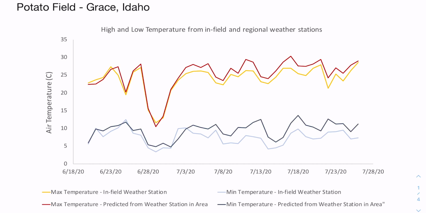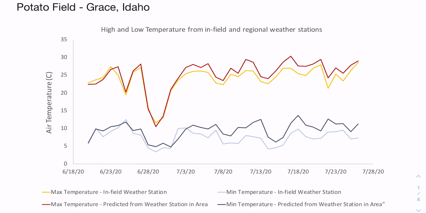So here are data from a potato field in Grace, Idaho. And what I've done here is graphed a couple of things. Over here on the y-axis, we have air temperature, and on the x-axis is time. It actually works out to be a little bit less than a month and a half. I didn't pick that for any particular reason. It was just the data I had, and I wanted to compare it.